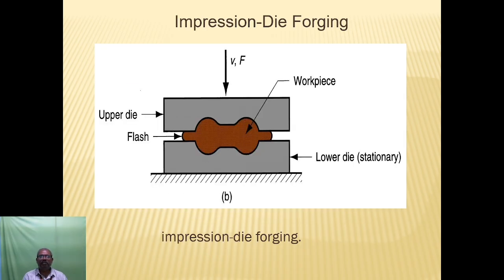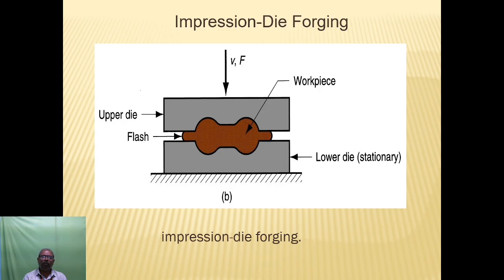Next one is impression die forging. Here also, like open die forging, there will be two dies, a lower die and an upper die. As usual, the lower die is stationary and the upper die is movable. The dies have a cavity, which is the impression we want to make on the workpiece.